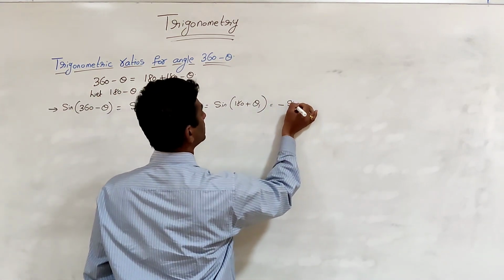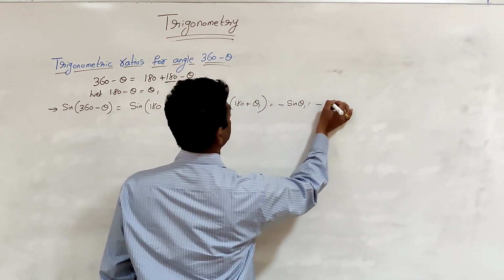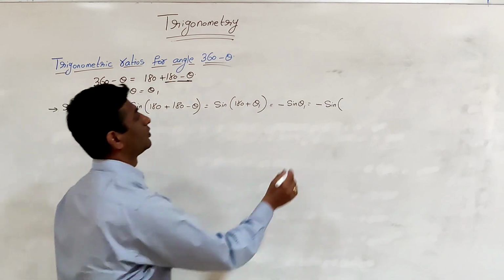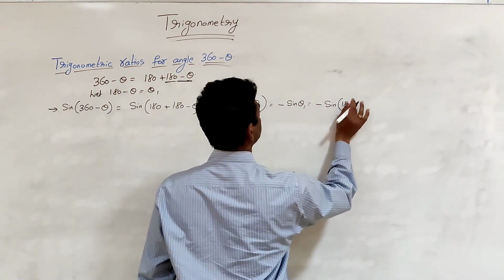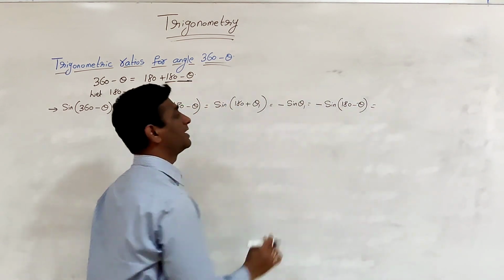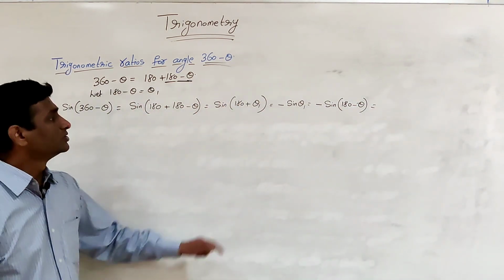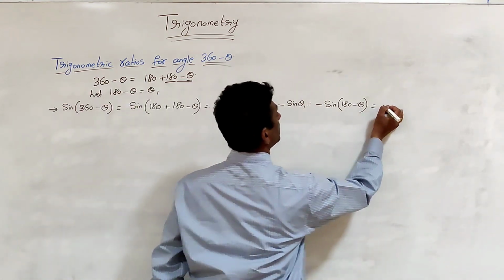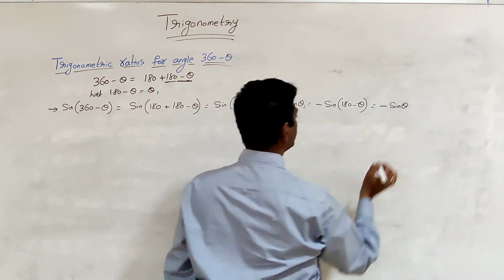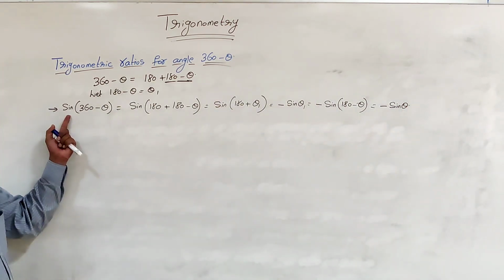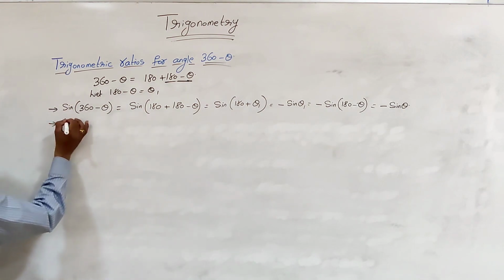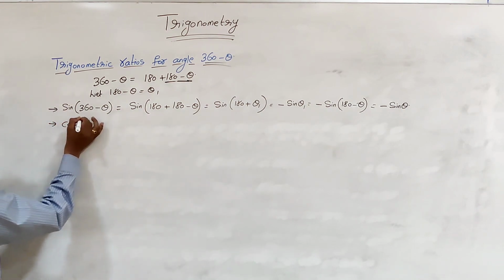Minus sine theta 1, which is minus sine of 180 minus theta. But sine of 180 minus theta is sine theta. So with the negative sign, what we can conclude is sine of 360 minus theta is minus sine theta. And we'll go for the remaining trigonometric ratios.